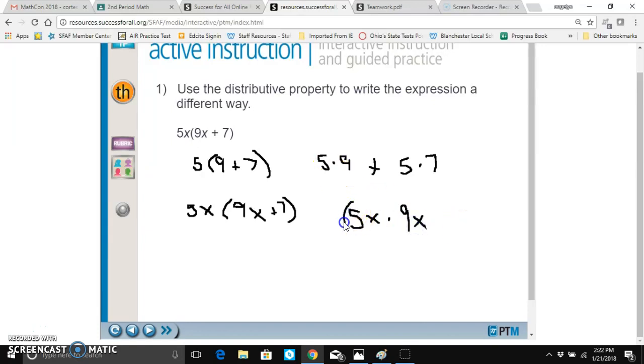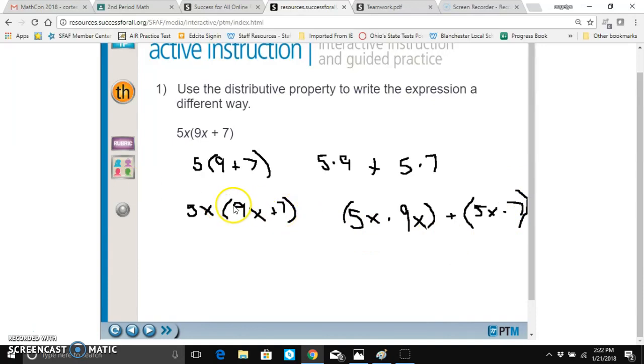And you can put those in parentheses if you like to separate the two. Plus, then we share or spread the 5x with the 7 also through multiplication. So that's going to be 5x times 7. It would look like this.